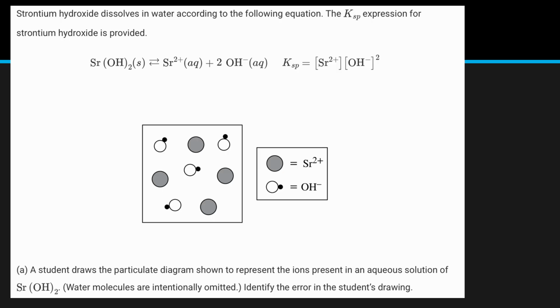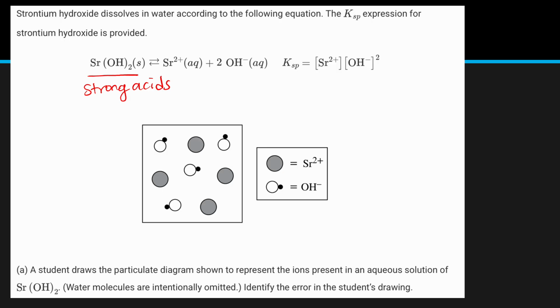So the first thing when I'm looking at acids and bases, that I want to make sure that it is showing whether it's fully dissociated or only partially dissociated. Now I know strontium hydroxide is one of my strong bases, which means when I see a particle diagram of strontium hydroxide, I should see fully dissociated ions, which I do here.